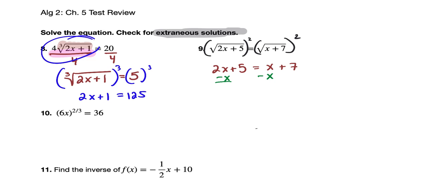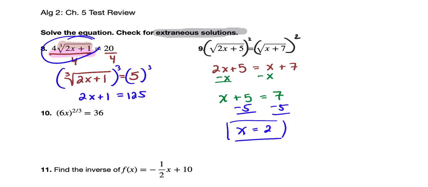Let's get our x's on the same side. 2x minus x is 1x. Then let's subtract our 5. X is equal to 2. Now let's go up here and check that. We'll be erasing here. So we're going to check it in the original problem.